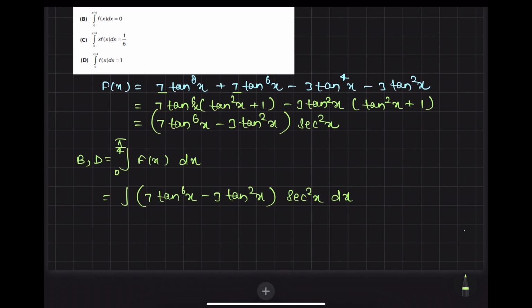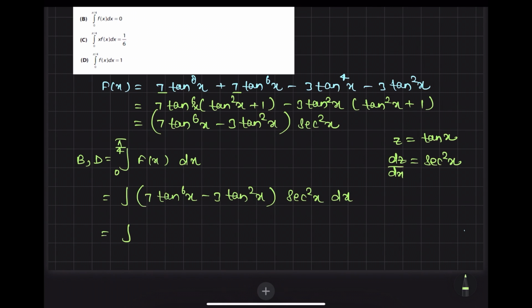Now we will be integrating this function and we will take tan x as z. So we will have sec square x. So we take z as tan x, so dz by dx equals sec square x. Now we can apply the replacements.